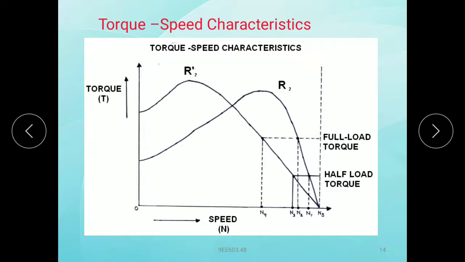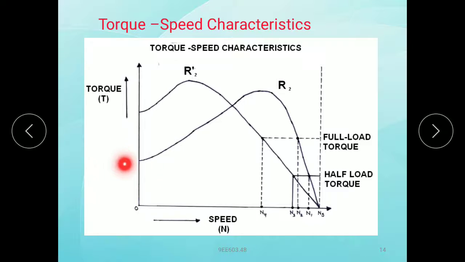These are the torque-speed characteristics. Here at zero speed, this one is for the normal motor without inserting additional resistance into the rotor.